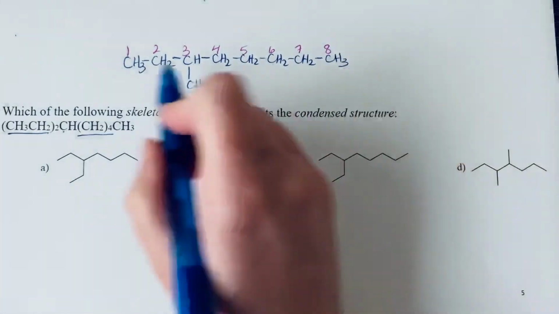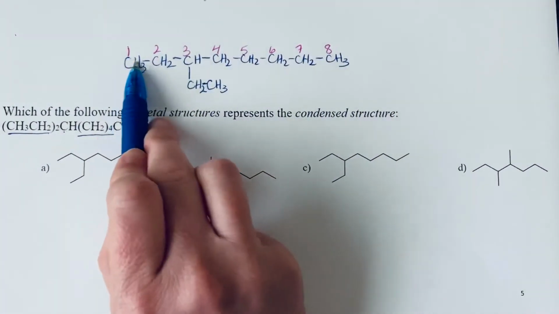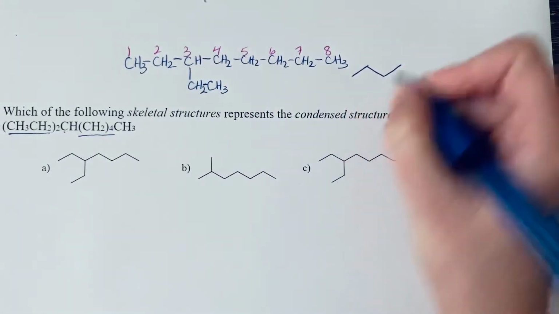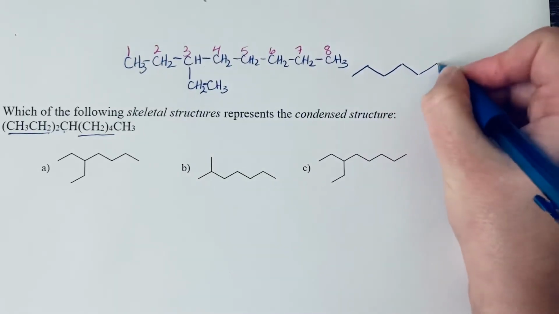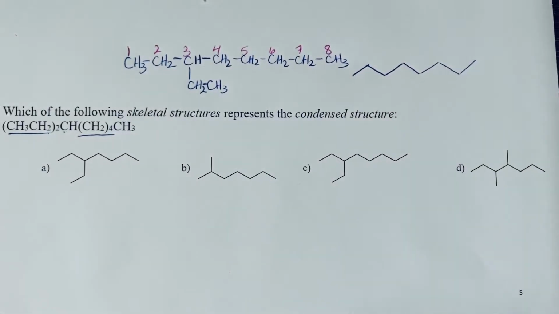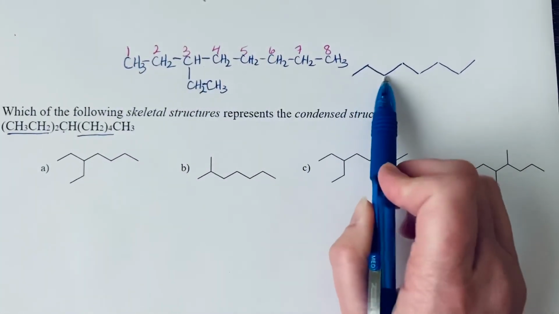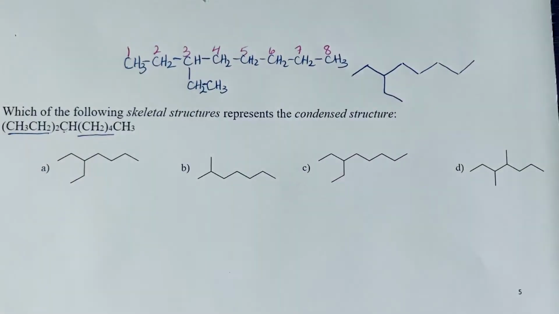So if I wanted to convert this to a skeletal structure, I would draw this 8 carbon atom backbone. So I've got 1, 2, 3, 4, 5, 6, 7, 8. Then on the 3rd carbon, I need to have 2 carbon atoms.